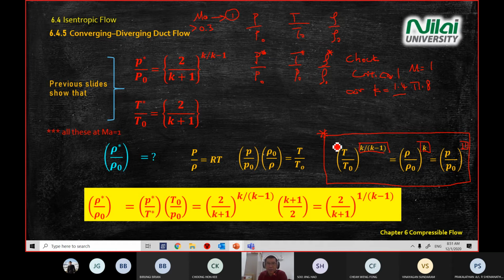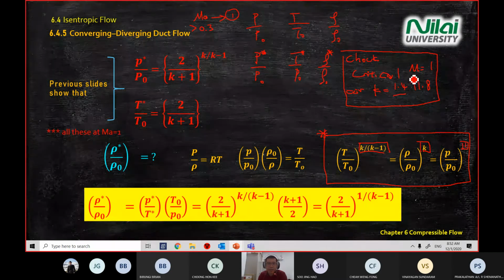And then you modify it from these three relationships with the exponential, all this. You just move around all these exponentials. And then when you come to critical state with the Mach number equal to 1, then you modify the equation. On the top one, you modify it to star. Star is just a marking saying that you are looking at critical state, and the Mach number equal to 1 for this case. Okay.